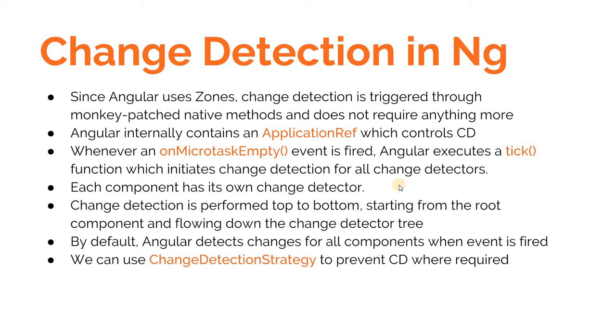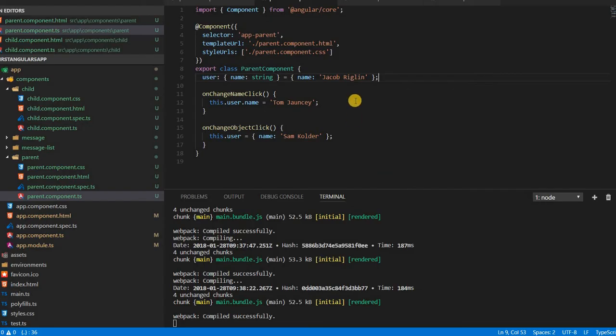There are two types of change detection strategies: default and OnPush. Default will detect changes each and every time, but OnPush will detect changes only when the reference of the input property has changed. Okay, so let's see what I mean by that.